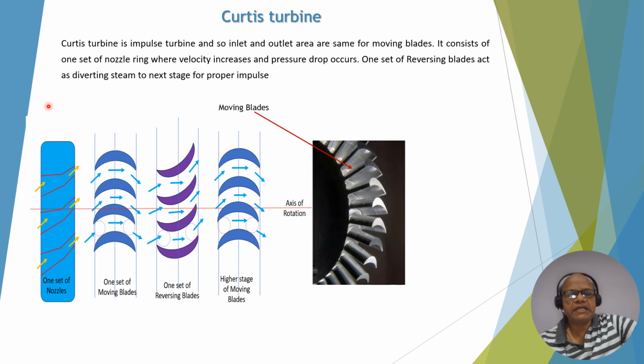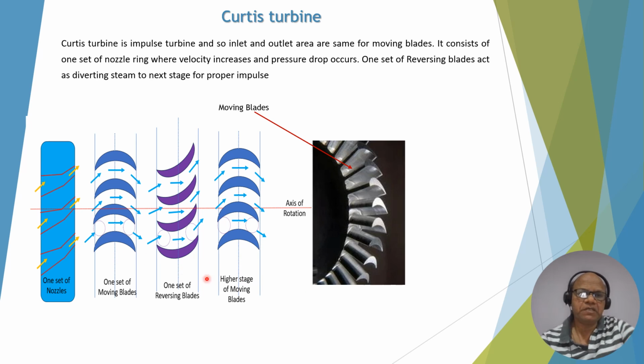Now the Curtis turbine is again an impulse turbine, so inlet and outlet area will be the same. You can see here the inlet and outlet area of the moving blade are the same. It consists of nozzle rings. You see where velocity drops occur, pressure rises. Velocity increases, pressure drops, and one set of reversing blades, which is here, acts as a diverting steam to the next stage for proper impulse.